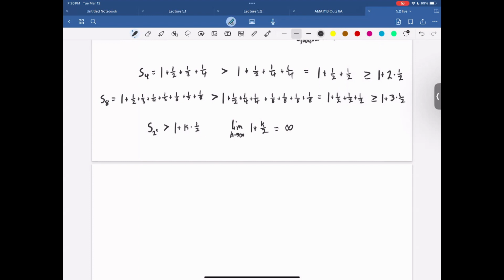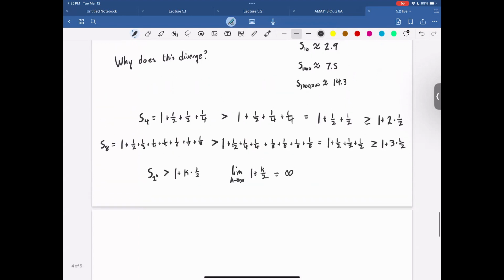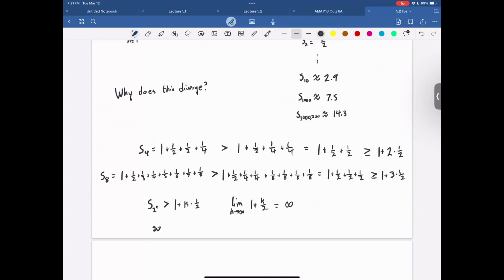It goes straight to infinity. And that means S sub n also tends toward infinity, which implies what we originally set out to show, which was that the harmonic series diverges.